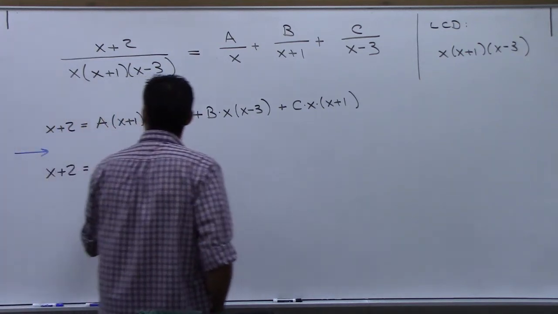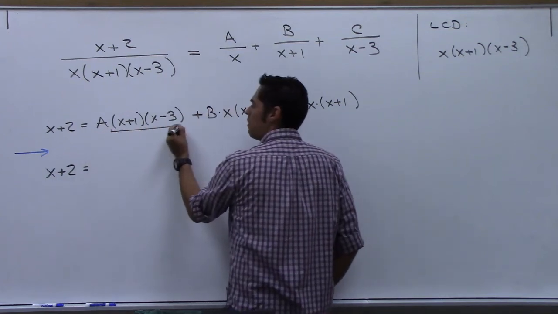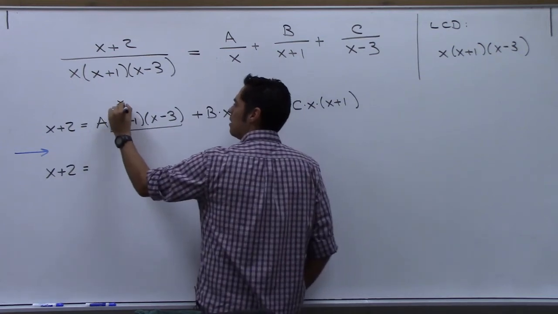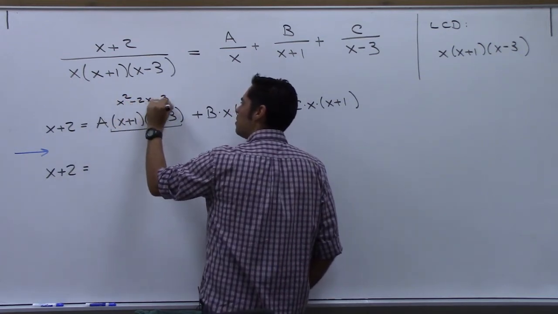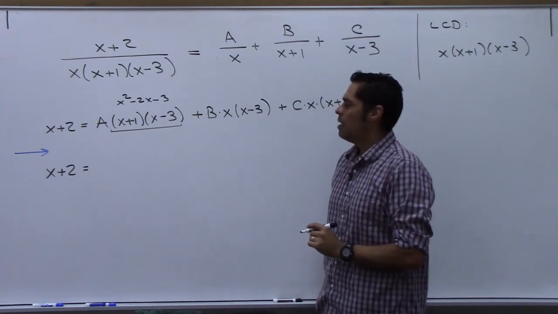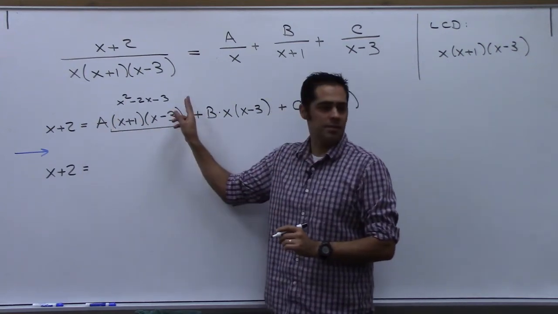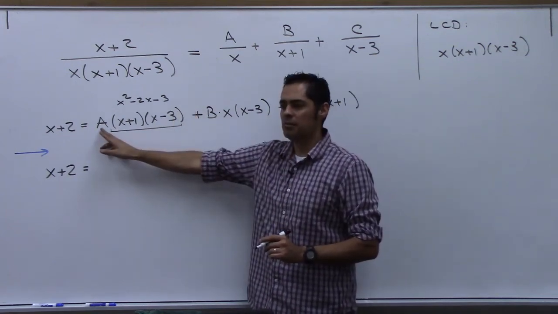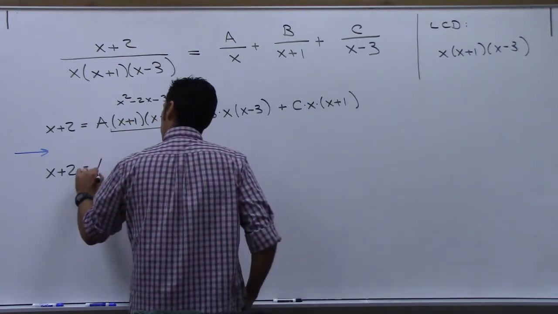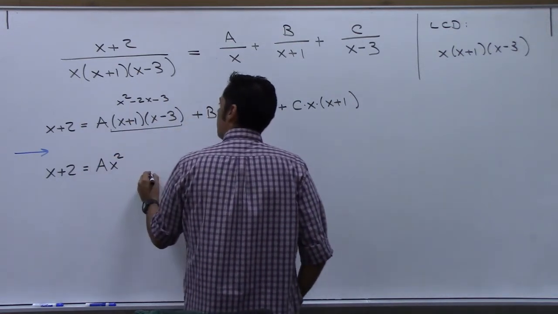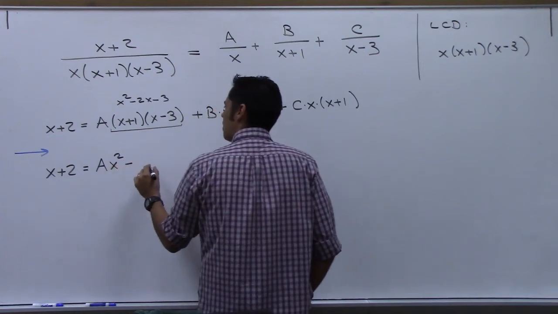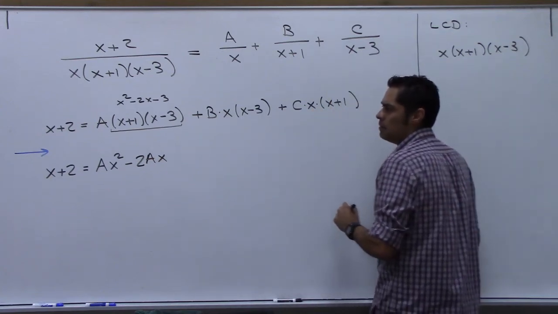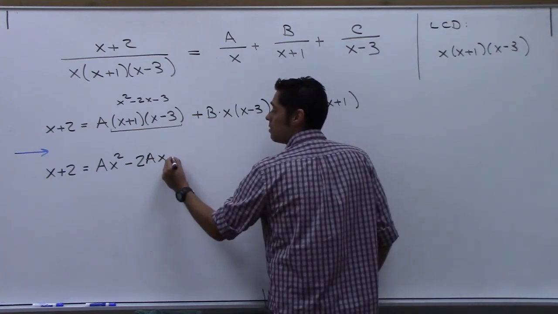It's life, right? Okay, so what I like to do when I expand this is put these two together first. With a quick mental computation, I think I get x squared minus 2x minus 3. Then I have to pass an a through all of these, because that a is sitting out here. So it will be ax squared, then minus 2x times a, I'm going to write 2ax, and finally minus 3a.